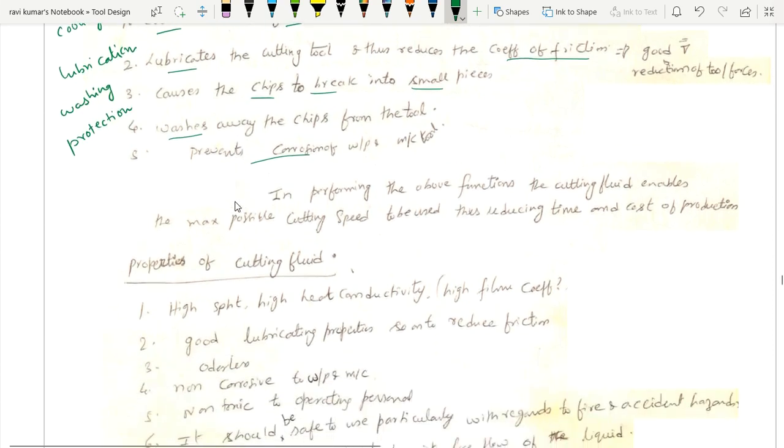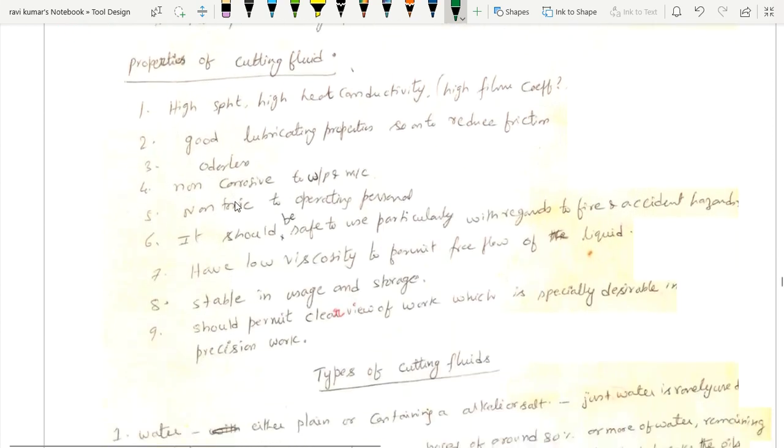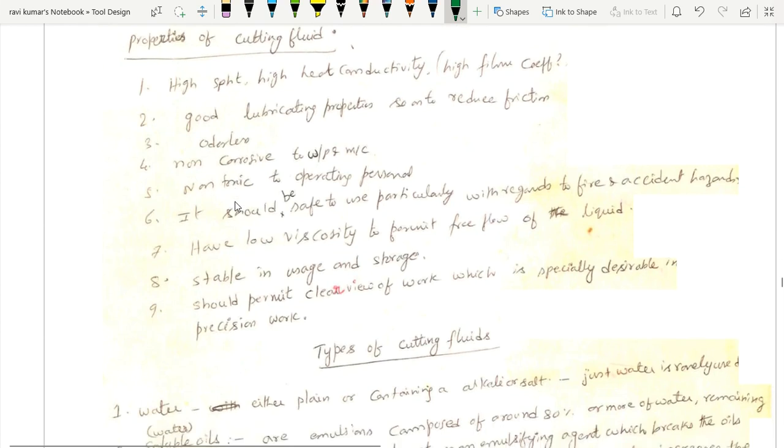So to carry out that functions, what are the properties that a cutting fluid shall possess? The first few properties are nothing but the high specific heat, high thermal conductivity, right? So this is required to draw away the heat from the work material or the chip material very fast.